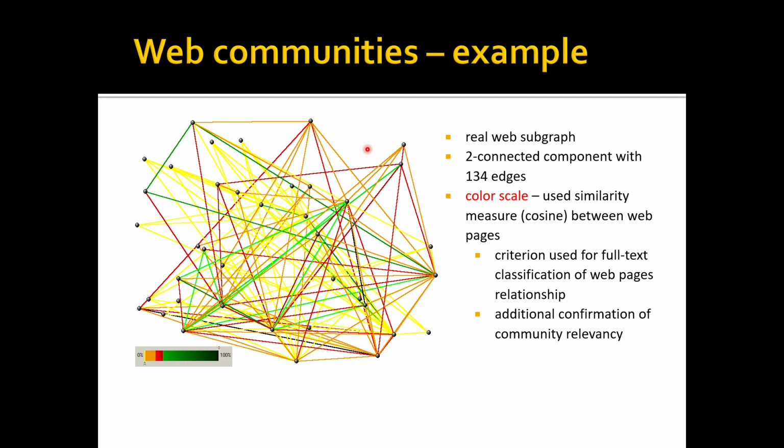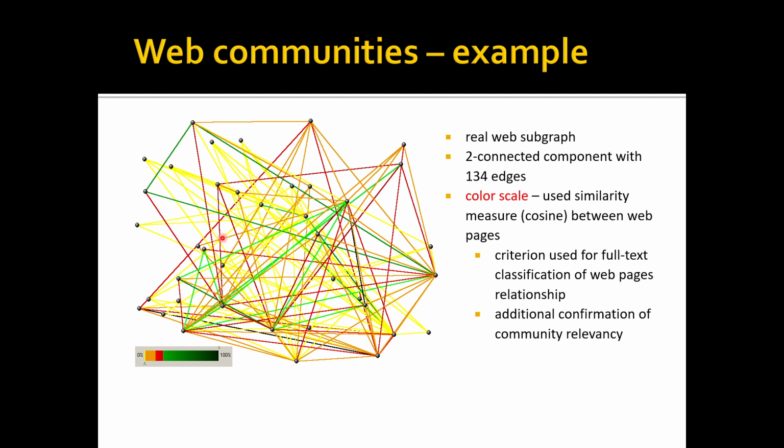So as you can see on the scale here, on the legend, very dark colors mean very high similarity, and lighter, red and orange and yellow colors mean very small similarity. So you can see that in the graph, most of the colors mean small similarity.